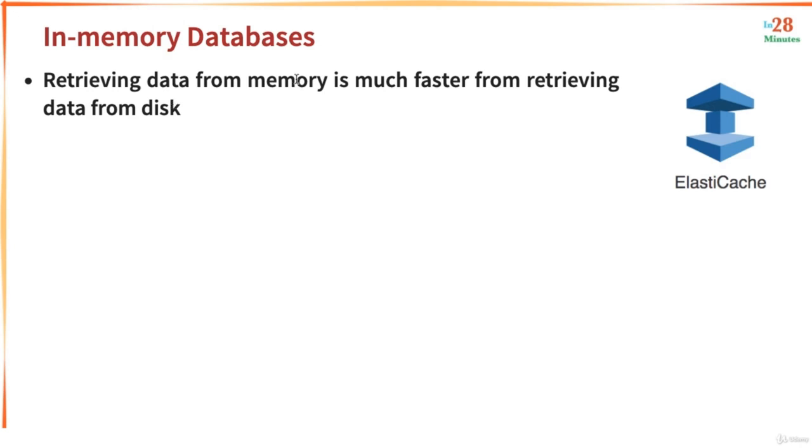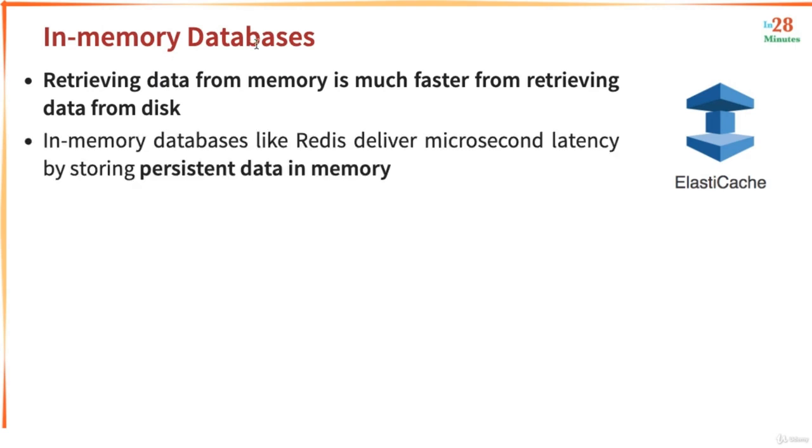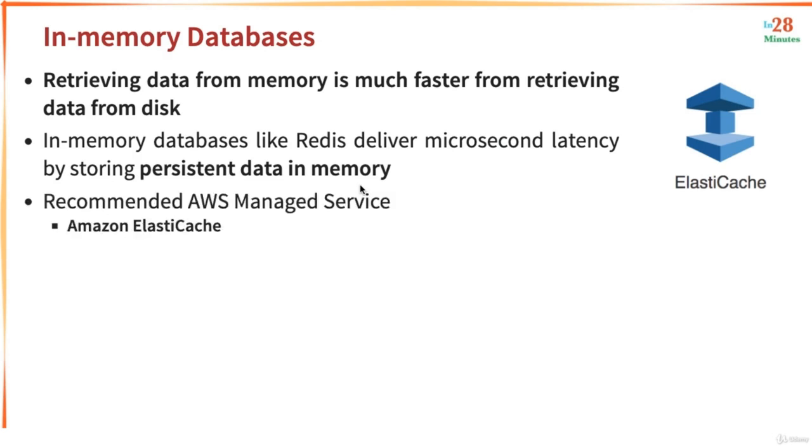So if you are retrieving data from memory, you can achieve microsecond latency. If you are retrieving data from disk, you can only achieve millisecond latency. That's the reason why in-memory databases are useful in certain use cases. In-memory databases like Redis can deliver up to microsecond latencies while storing persistent data in memory. The recommended AWS managed service for this is Amazon Elasticache.